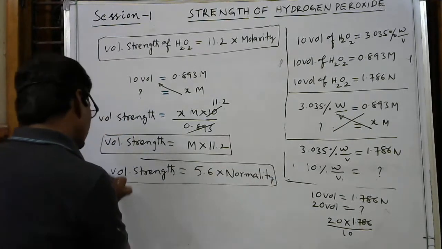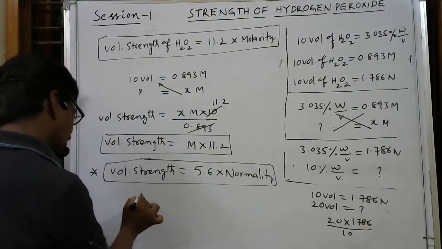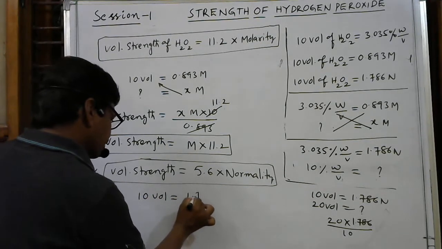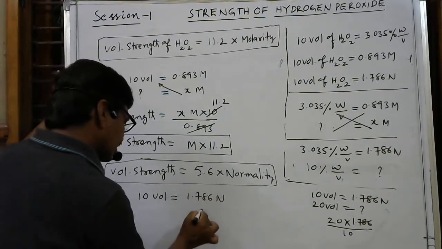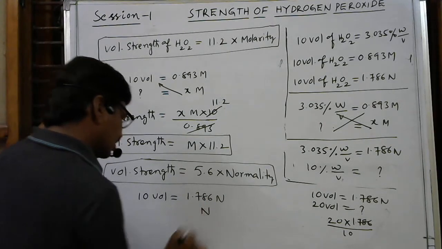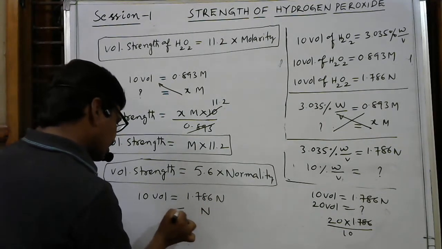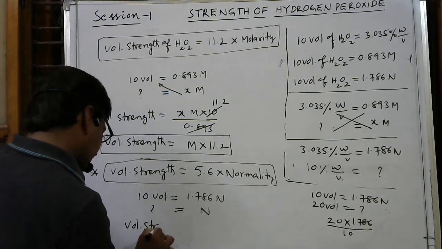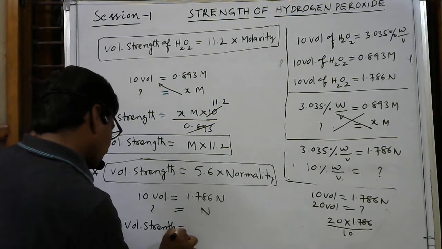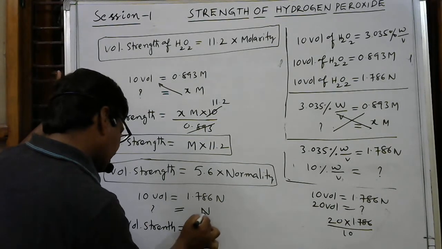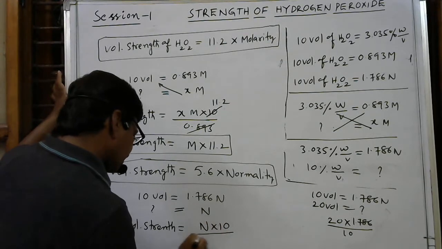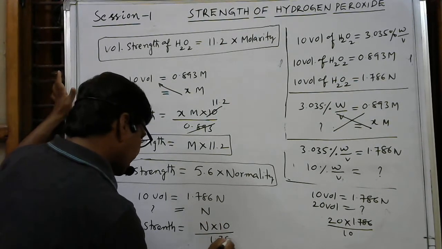This formula also comes from this relation only. You know, 10 volumes equal to 1.786 N normality. Some x normality is given. Then volume strength equals the given normality into 10 volumes by 1.786.